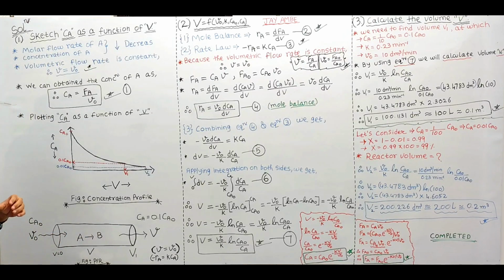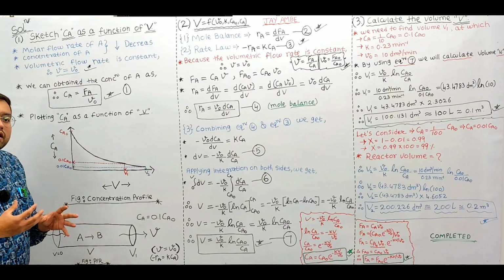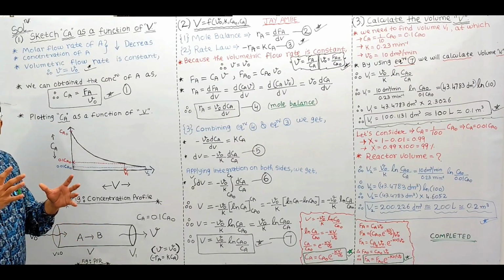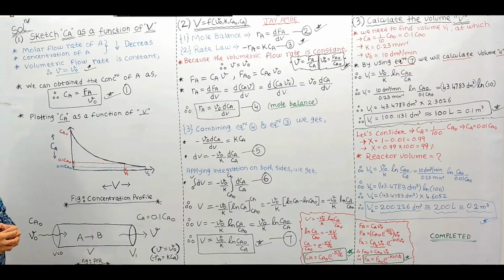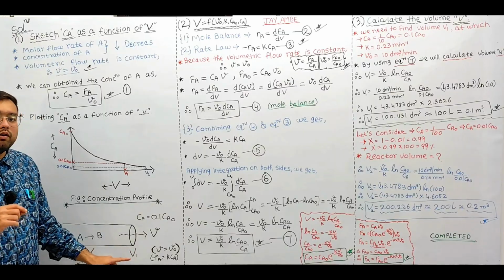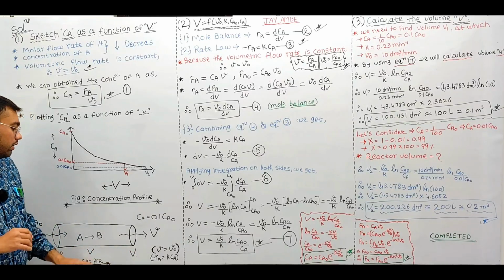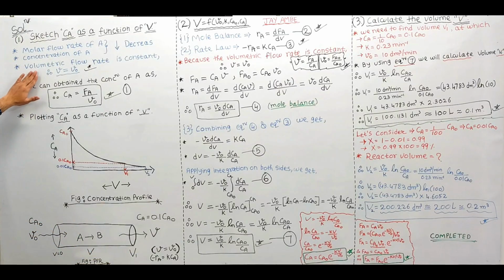In the liquid phase the density will remain constant. The density of the fluid will not change with respect to the progress of the reaction, right? So the density of the fluid stream will remain constant, due to which the volumetric flow rate will also remain constant. I hope you have understood.